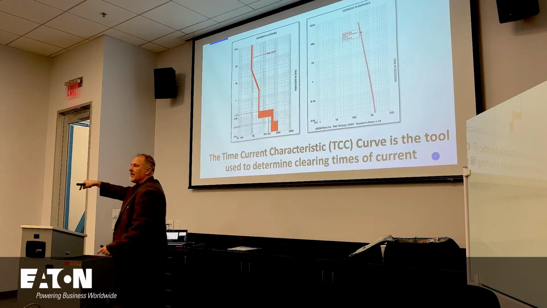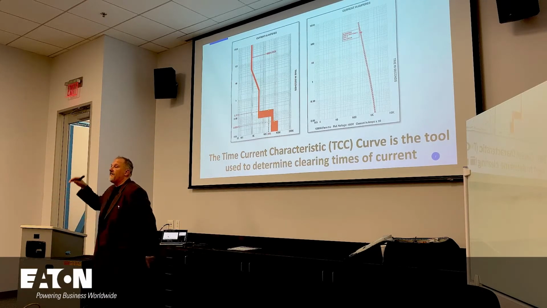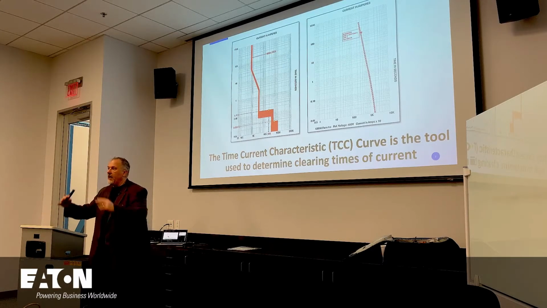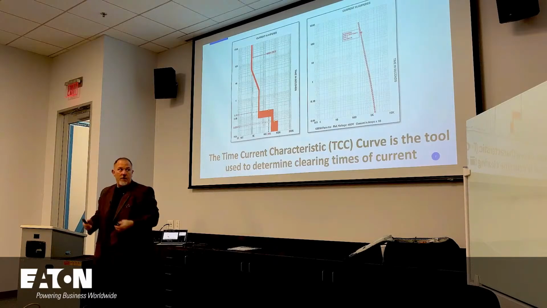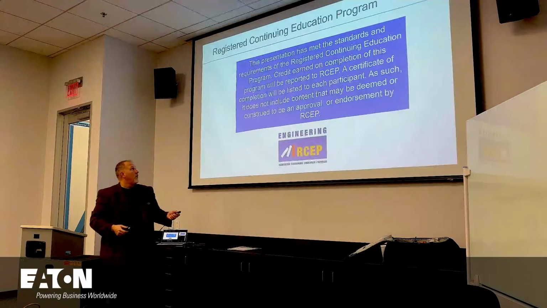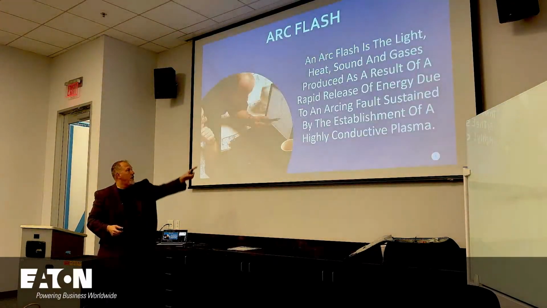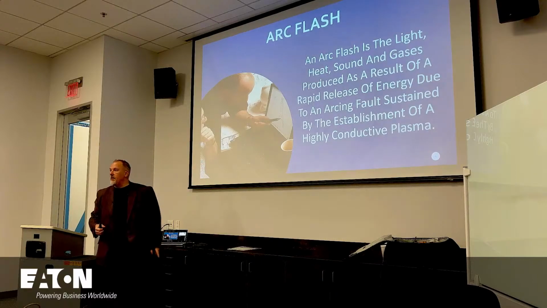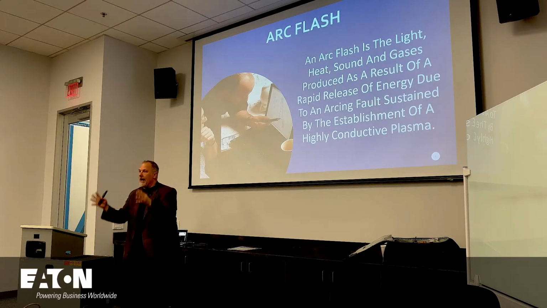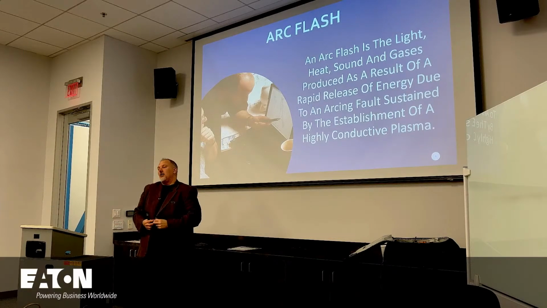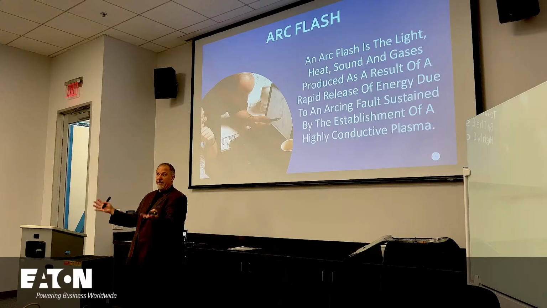And if I accidentally touch the line side, or if I'm doing justified energized work, and I have an arc flash event, remember the plasma, right? A highly conductive plasma. So I'll have a plasma, I now call it the plasma cloud because people laughed at me when I called it the plasma plume. So it's a plasma cloud that occurs.